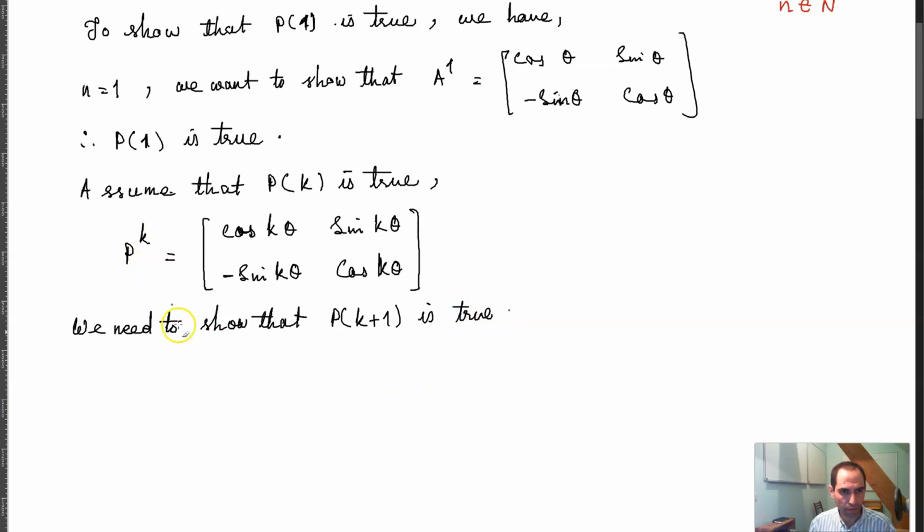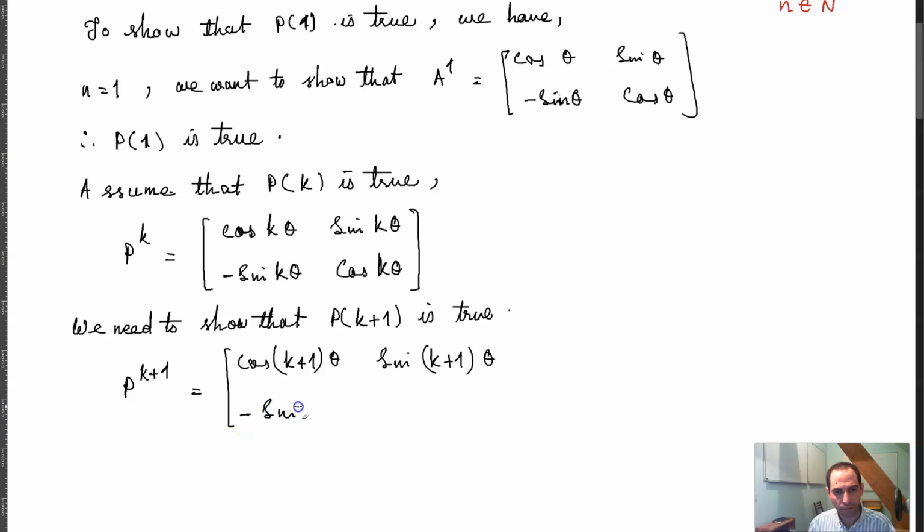Which means that P of k plus 1 would be A raised to the power k plus 1, and that would be the matrix cos of k plus 1 times theta, sine of k plus 1 times theta, negative sine of k plus 1 times theta, and cos of k plus 1 times theta. That is basically what I want to show.